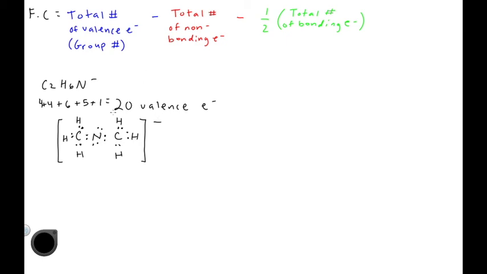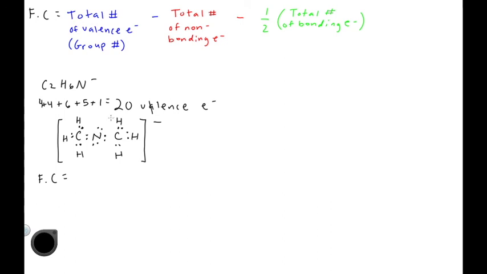So let's go ahead and find the formal charge for each carbon. So for each carbon, since they're identical in their electron configuration, they'll have the same formal charge.